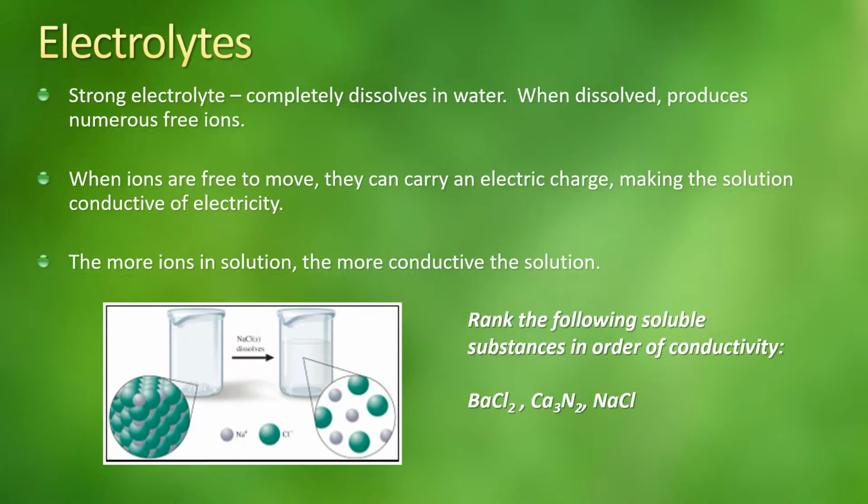So consider, as you can see in the picture below, if I take sodium chloride and I throw it in water, I end up with Na+1 and the chloride ion, which is a Cl-1. These two positively and negatively charged ions are now able to carry an electric charge.